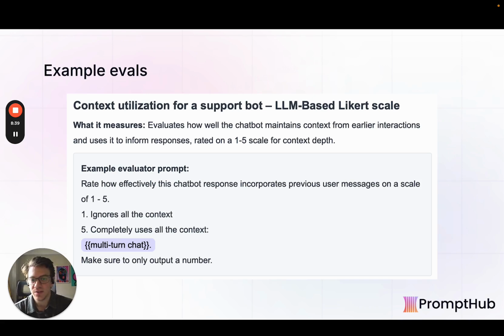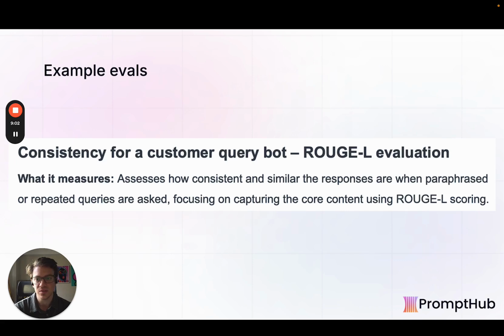Next, context utilization for support chatbots. We want to make sure our chatbot is leveraging the context effectively. By doing that, we could feed the output into a prompt that says, rate this chatbot's response on a scale of 1 to 5, which is a Likert scale, where 1 is ignores the context and 5 is uses all the context, and then it will output a number, and then we could do that in aggregate and make some decisions.